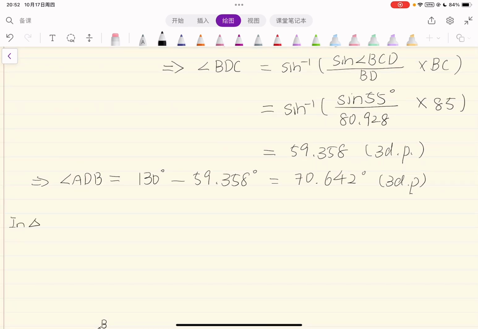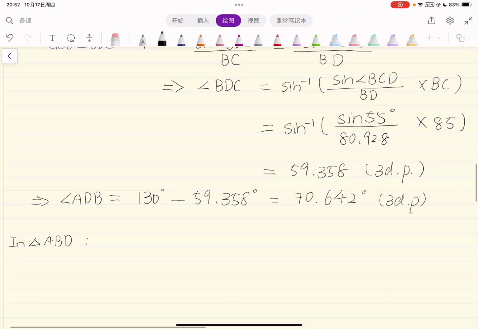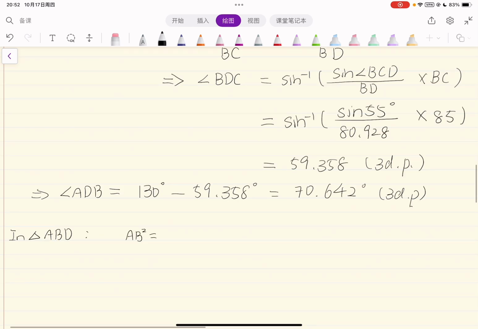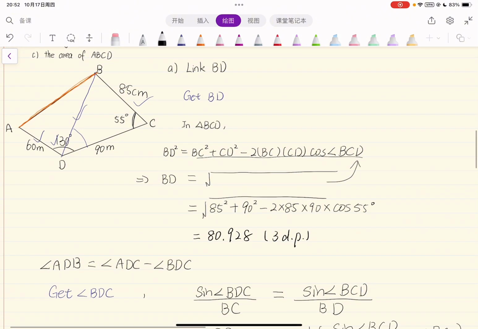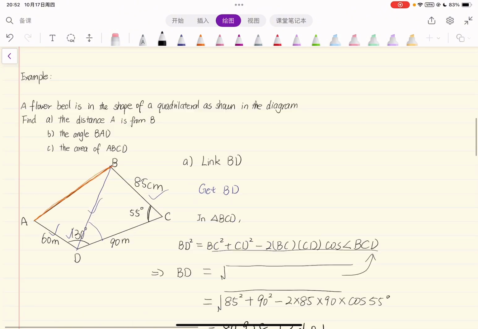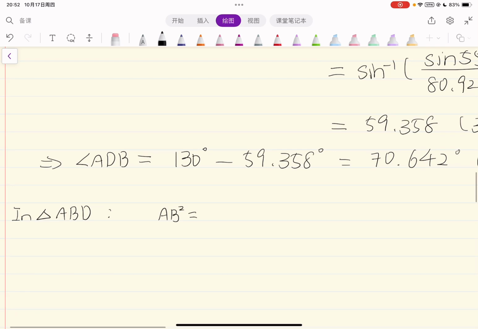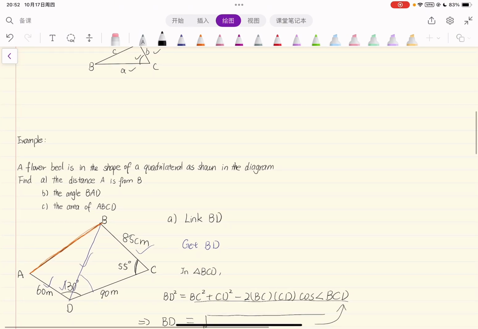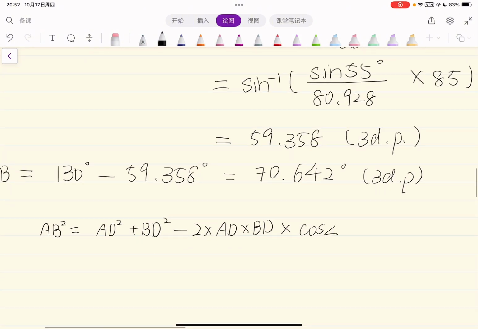In triangle ABD, we have AB squared equals AD squared plus BD squared minus 2 times AD times BD times cosine the angle ADB. So AB equals the square root of that.